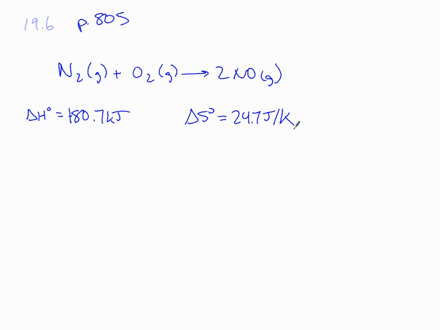Here's what the question says. Is the reaction spontaneous under these conditions? So this is a word that should not be said. What's the word? What's the phrase? Thermodynamically favorable.